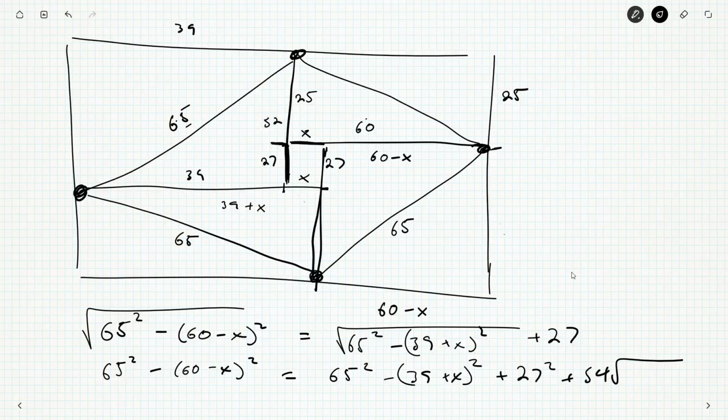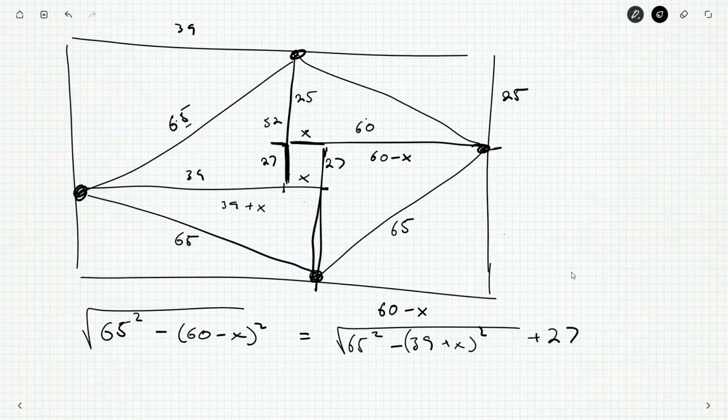I'm not happy with this. I'm not happy with this at all. I don't particularly want to go this way.